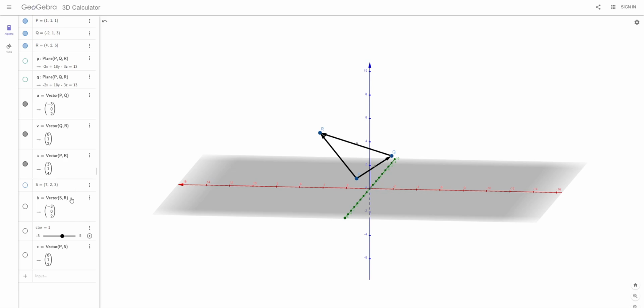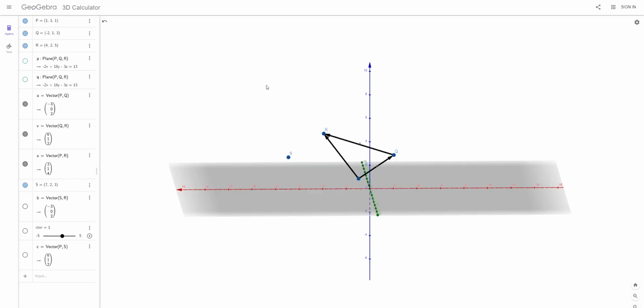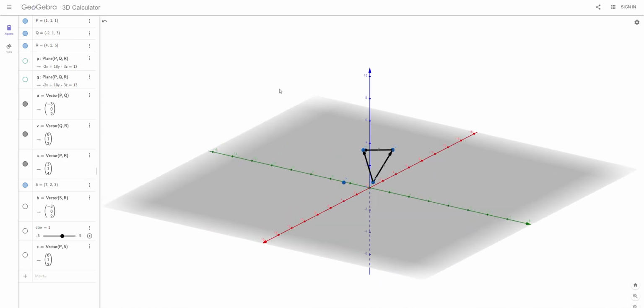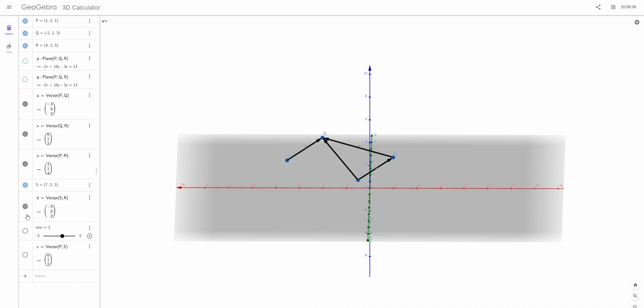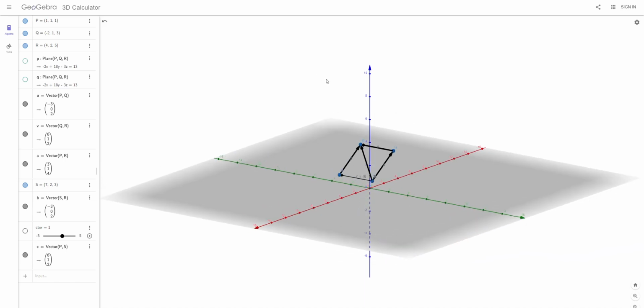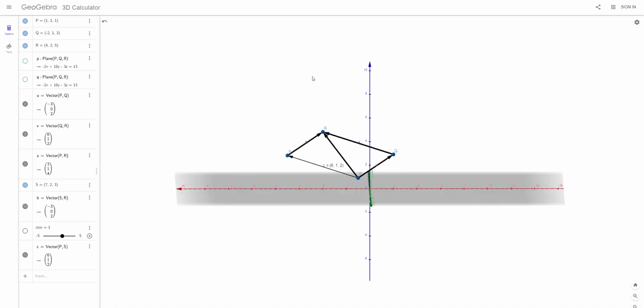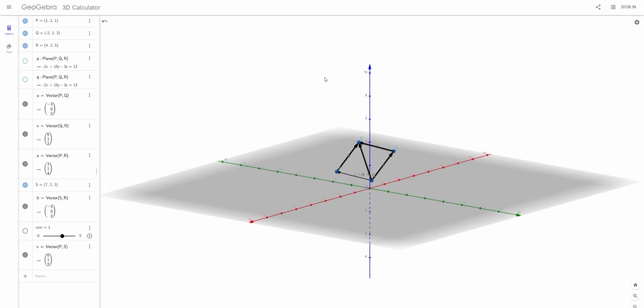S is 7, 2, 3, as I just calculated, and it's over here. That's the other vertex of this parallelogram. Now if I drop these other vectors in, maybe it'll be more obvious. So now we have those vectors, that's my parallelogram. That was how I moved this vector PQ over here and made SR. Now we have the whole parallelogram.